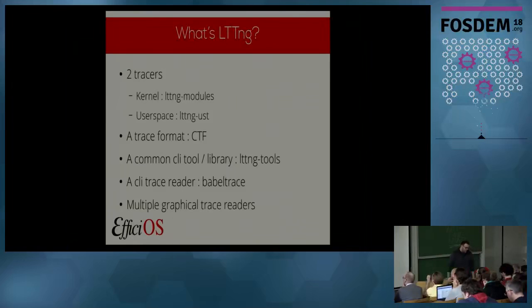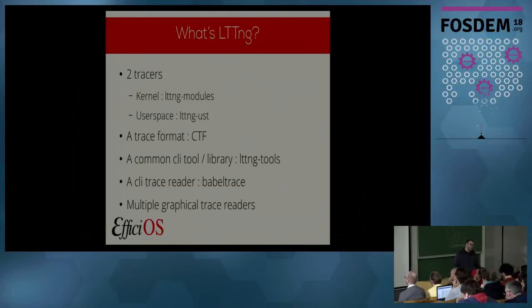The LTTng project also has a single command line tool, which is used to drive both the user space and kernel tracer, and it's also a library that can be used in other C applications and used through bindings in Python and other languages. And there's also a command line trace viewer, which basically reads the binary trace format and converts it to human readable text.